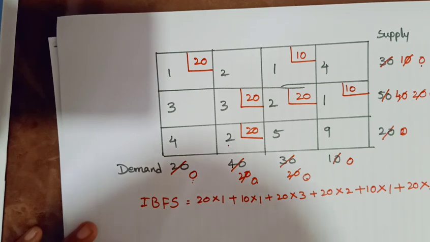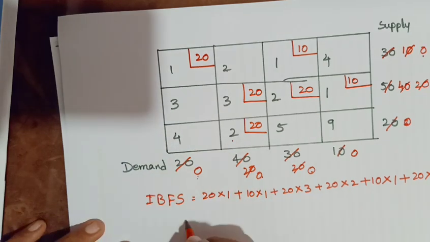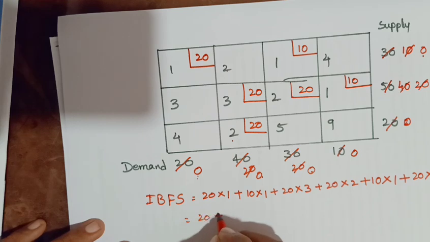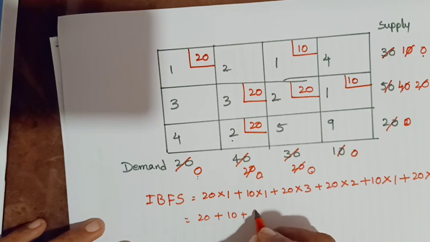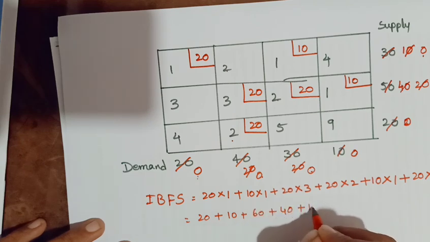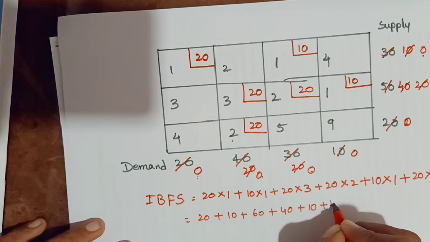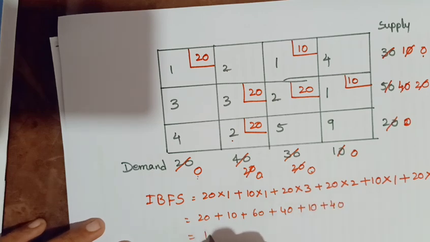So simplify. 20 into 1 is 20 plus 10 into 1 is 10 plus 20 into 3 is 60, 20 into 2 is 40 plus 10 plus 40, together 180.